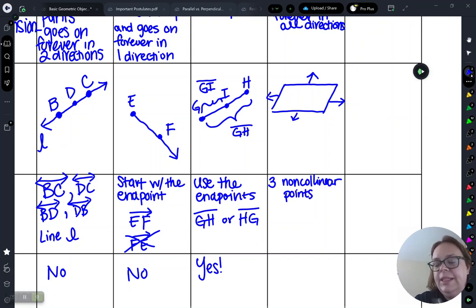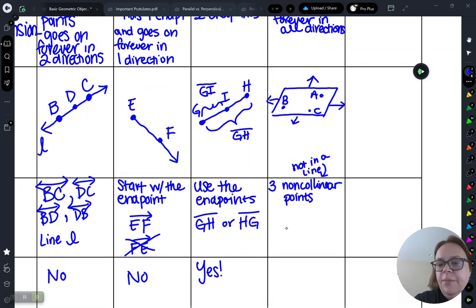Non-collinear basically means not all in a line. So think it would make kind of a triangle. So let's say I'll have a point here, a point here, and a point here. If they were all in a row, then there's actually an infinite number of planes that would go through those points, but there's only one plane that will go through these non-collinear points.